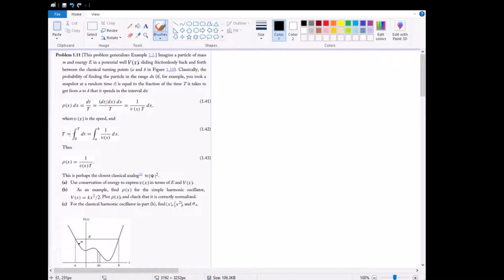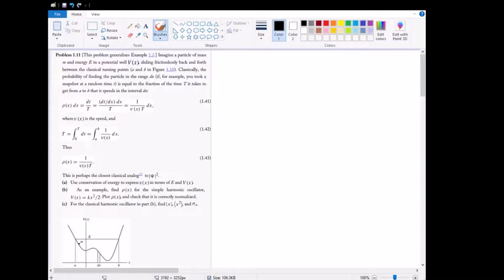So we express this as the integral from 0 to the total time of dt, which is also equal to the integral from A to B of 1 over v of x dx, because dt is equal to dx over v of x, and in position space we go from A to B. As a result, our integral bounds go from 0 to big T to A to B, and therefore if we cancel out the dx's on both sides, we get rho of x is equivalent to 1 divided by v of x times big T in position space.